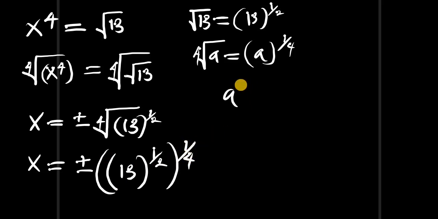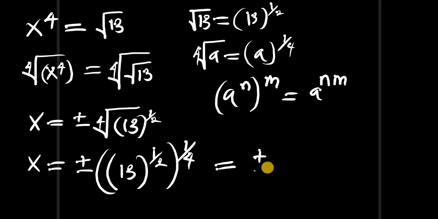We have plus or minus 13 to the power of 1 over 2, all to the power of 1 over 4. Now, a to the power of n, all to the power of m, is simply a to the power of n times m. Let's go ahead and multiply this exponent. This will give us plus or minus 13 to the power of 1 over 2 times 1 over 4, which is 1 over 8.